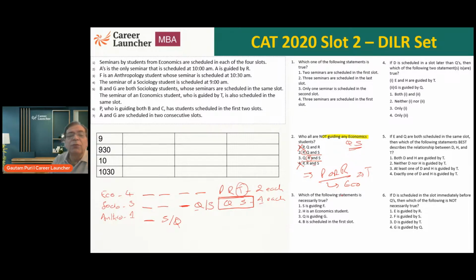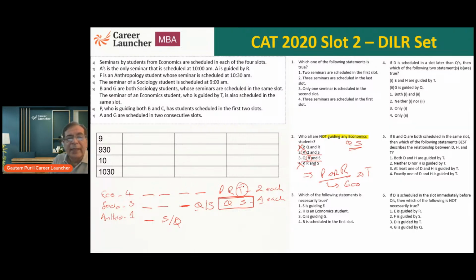This implies that T is from economics because remember again, 4 students of economics, 2 faculty members from economics. The 2 faculty members from economics should be holding 2 students each. So this is telling me T is definitely from economics.